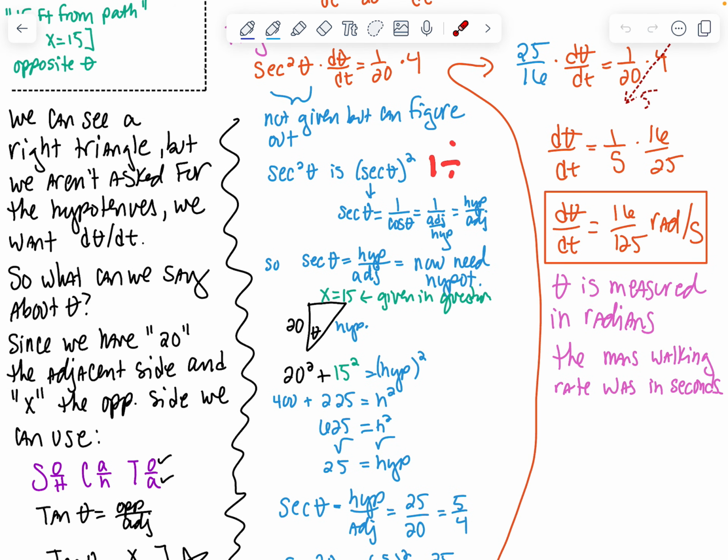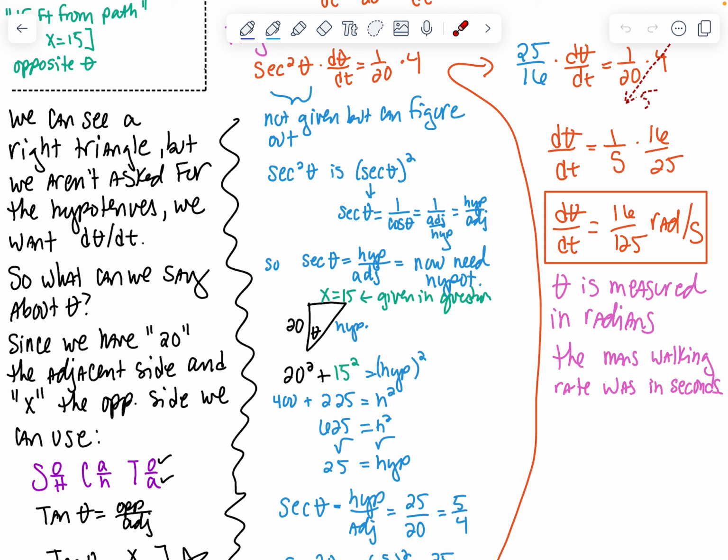Then we can think of this as 1 divided by adjacent over hypotenuse. My H looked like a B. And so we multiply by the reciprocal and get hypotenuse over adjacent, or maybe you knew that. So the secant of theta is hypotenuse over adjacent, and we know what the adjacent can be swapped out as. We know what x is, but x is not the hypotenuse. x is the opposite. We want the hypotenuse.